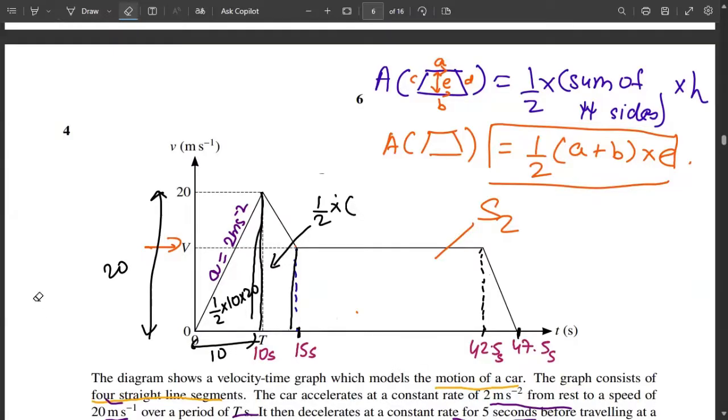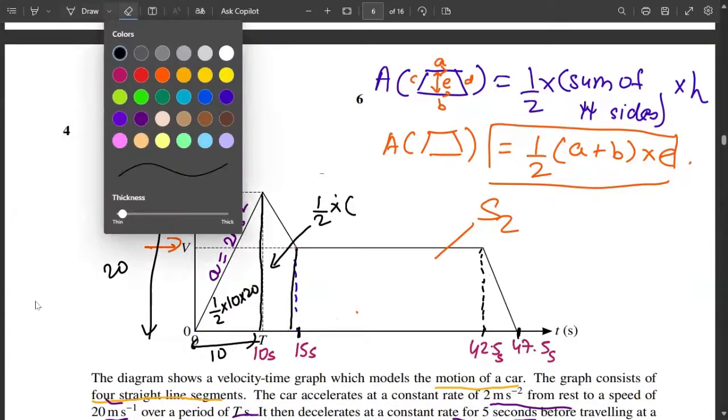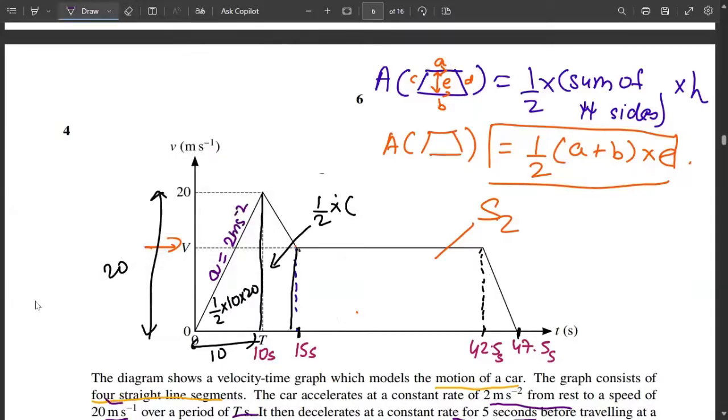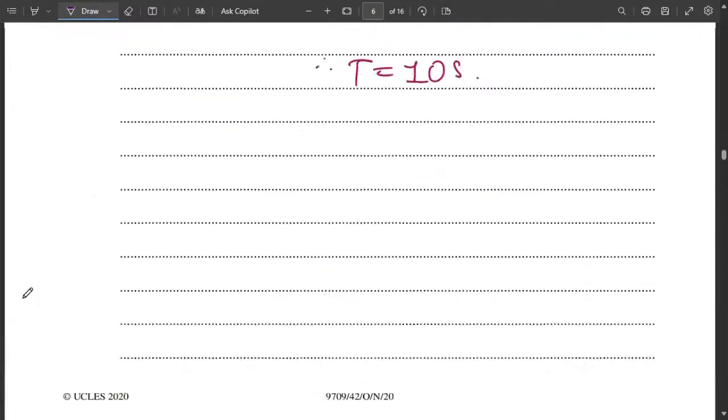This is one side, this is the other side. So the one side height is V, as we can see here. So V plus, and the other side's height is 20, into height. What will be the height here? This will be the height. The height is 5. Why? Because 15 minus 10 is 5. So height is 5.